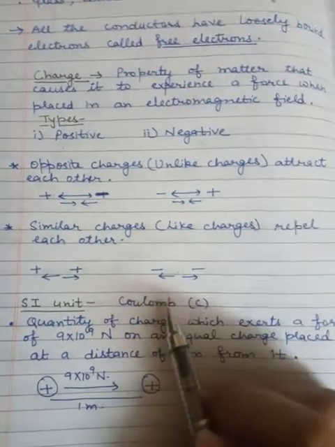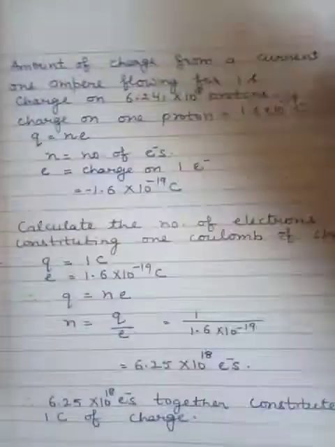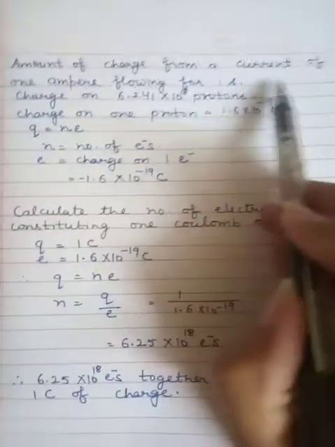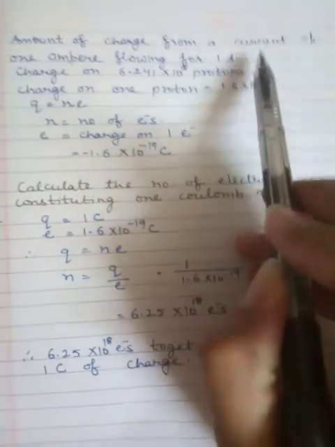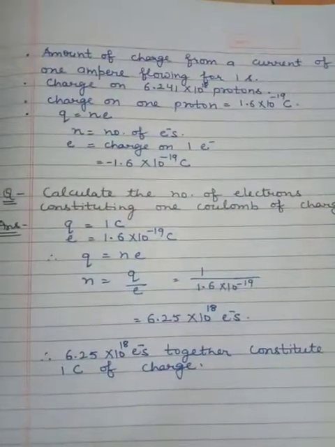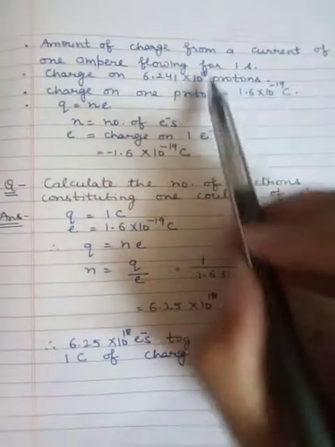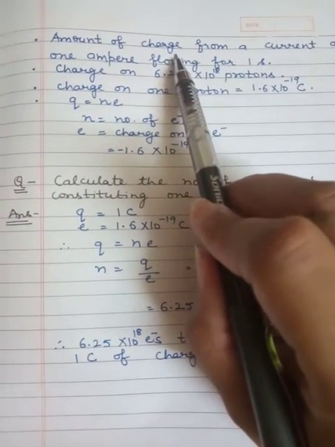That is called the 1 coulomb charge. Or it can also be defined as the amount of charge from a current of 1 ampere flowing for 1 second. That means जब 1 ampere करंट फ्लो हो रहा है किसी भी कंडक्टर से थ्रू 1 सेकेंड, then it is called 1 coulomb of charge.